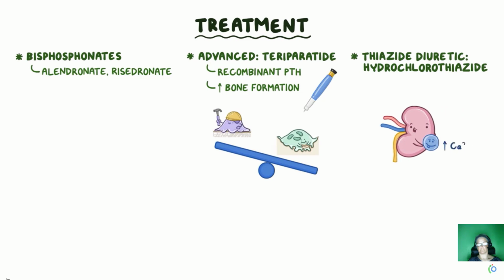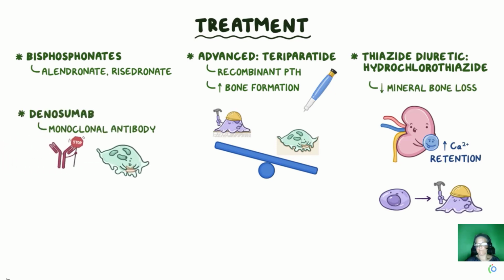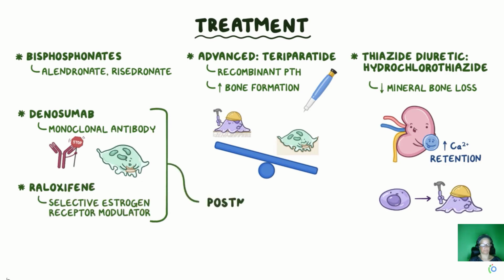Hydrochlorothiazide boosts calcium retention in the kidney and directly stimulates osteoblast differentiation, therefore decreasing mineral bone loss. Finally, medications like denosumab, which is a monoclonal antibody that inhibits osteoclasts, and raloxifene, which is a selective estrogen receptor modulator, can be used for postmenopausal osteoporosis.